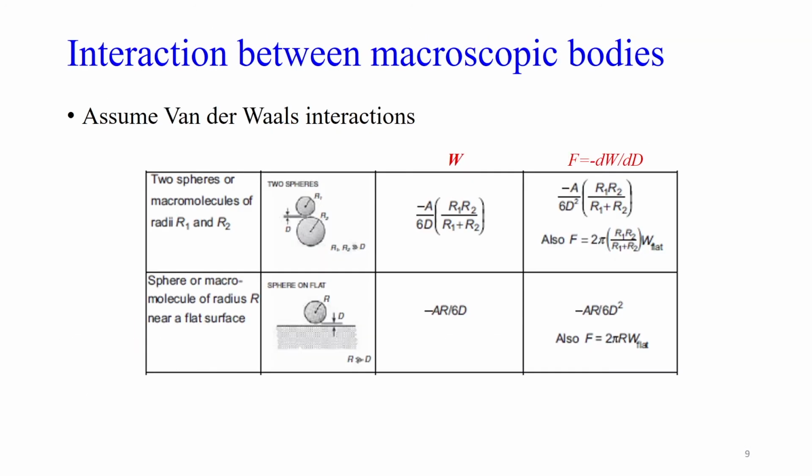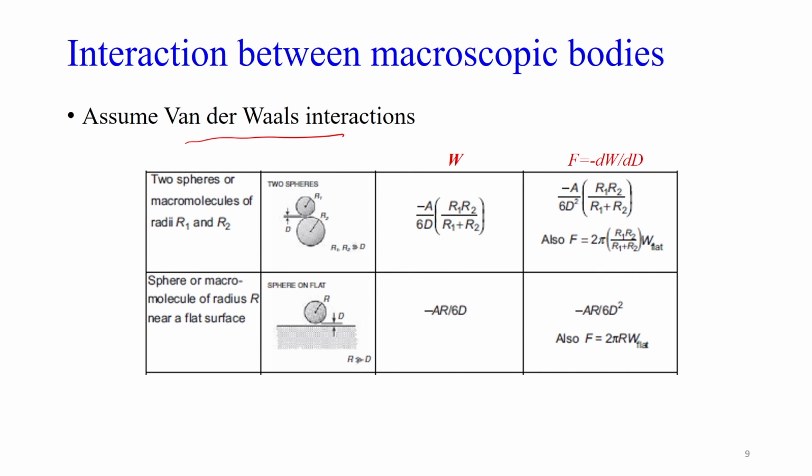So, let us consider the interaction between macroscopic bodies, because of course, this adhesion and cohesion are governed by the intermolecular interactions, but if you see at the macroscopic level, it looks like there is an interaction between two different macroscopic bodies, and if you assume the presence of only van der Waals interactions.